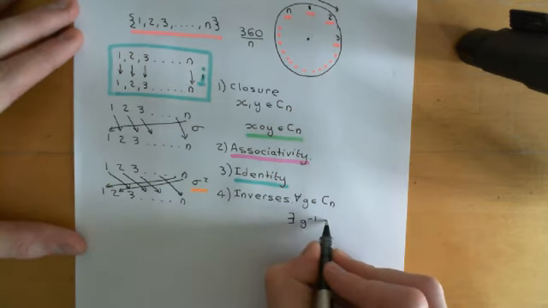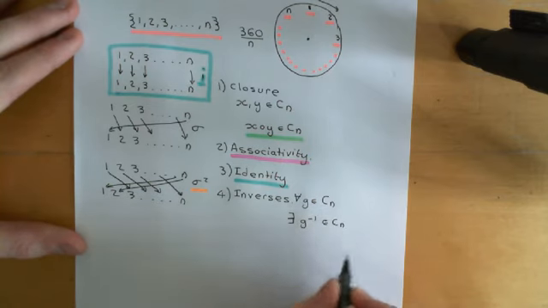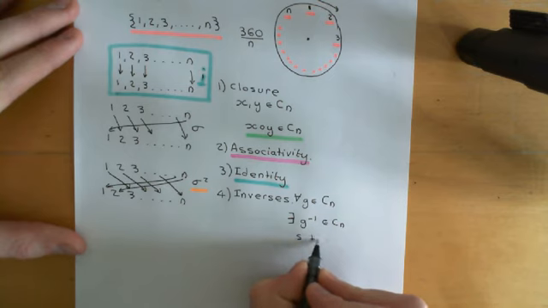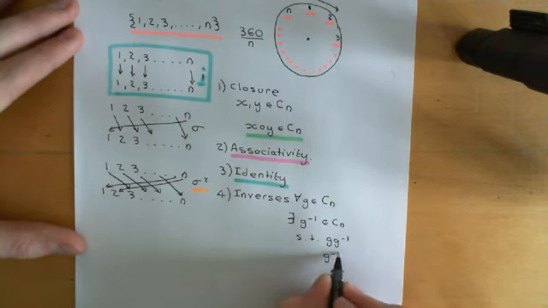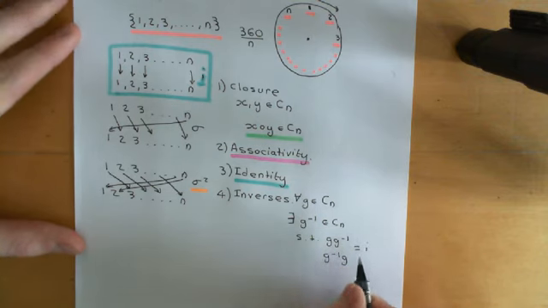There needs to exist a g inverse as an element of C_n such that the composition of g with g inverse, and also the other way around, g inverse with g, is equal to the identity.